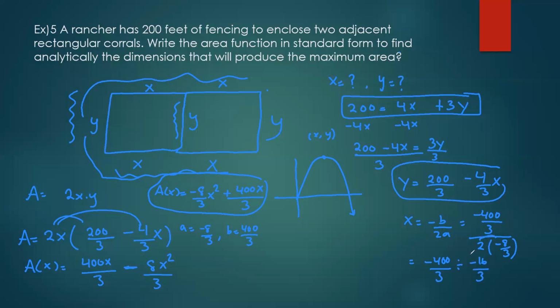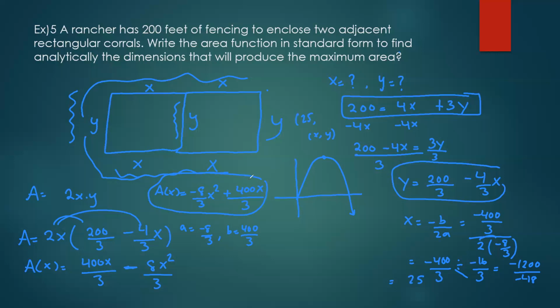Cross multiply, which is negative 1200 over negative 48. Just 25.